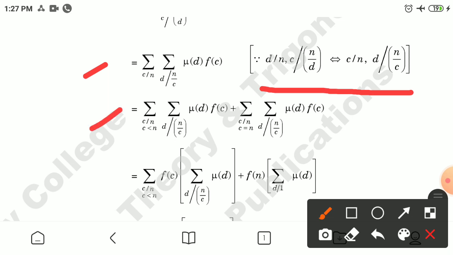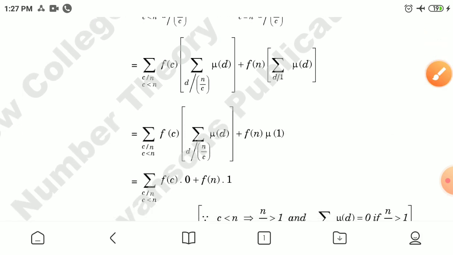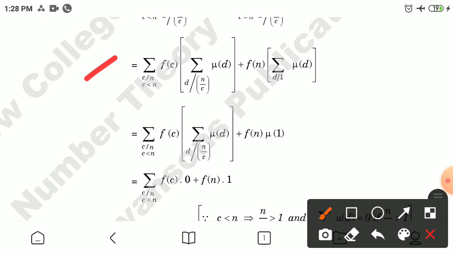This is equal to summation over c dividing n with c less than n, summation over d dividing n/c of mu(d) f(c), plus summation over c dividing n with c equal to n, summation over d dividing n/c of mu(d) f(c). Now this is equal to summation of f(c) times summation of mu(d), where the first summation is over c dividing n with c less than n and d dividing n/c, plus f(n) times summation over d dividing 1 of mu(d).